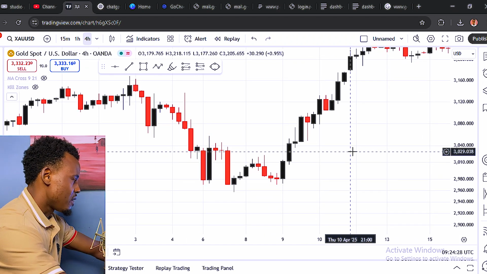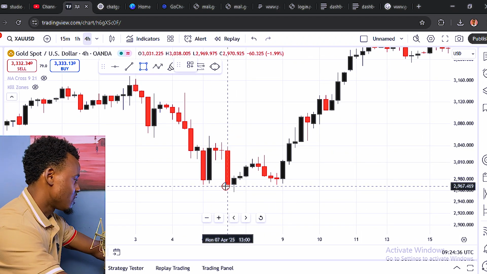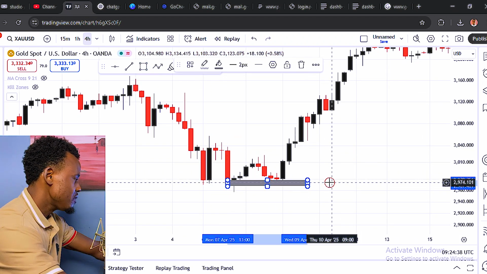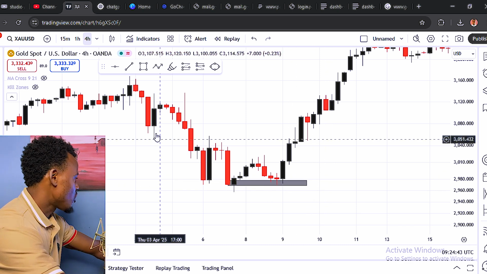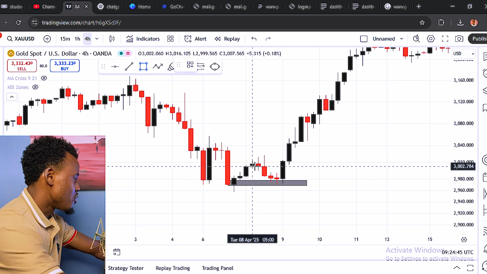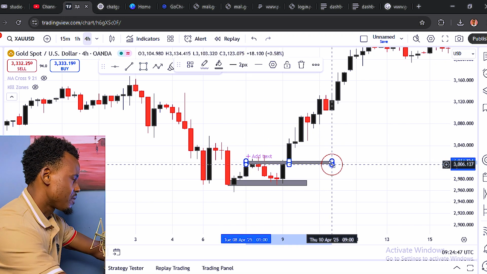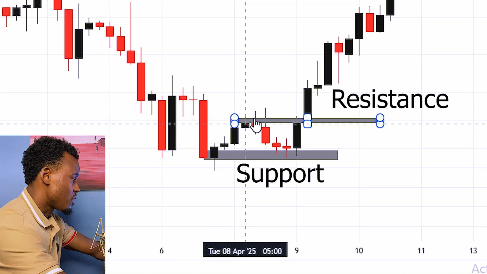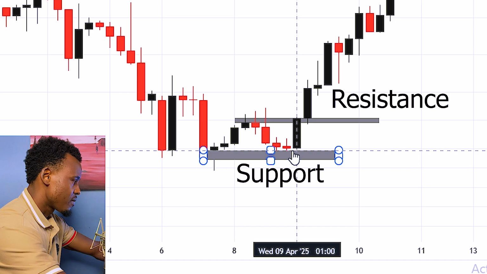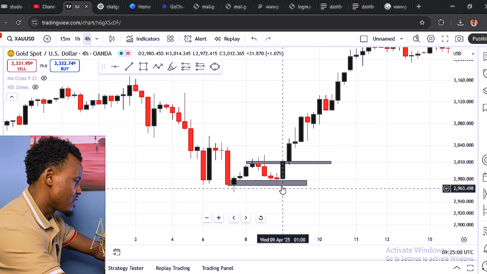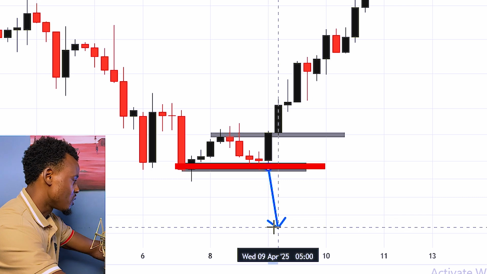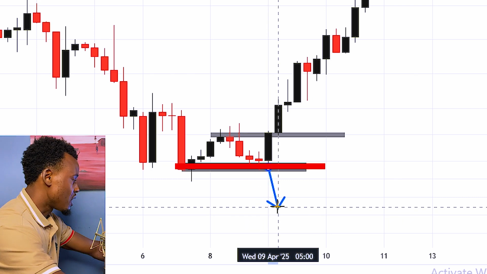Now, as a trader, you mark out your recent low. This is your recent low, and also mark out your recent high. This is your support, this is your resistance. What you're waiting to see around this particular area is this: if price breaks this zone, this recent low, you will keep selling.